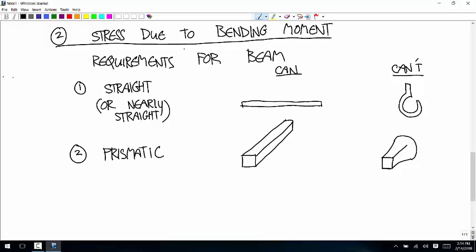So we can do these, we can't do those. Yes, as long as it stays circular.